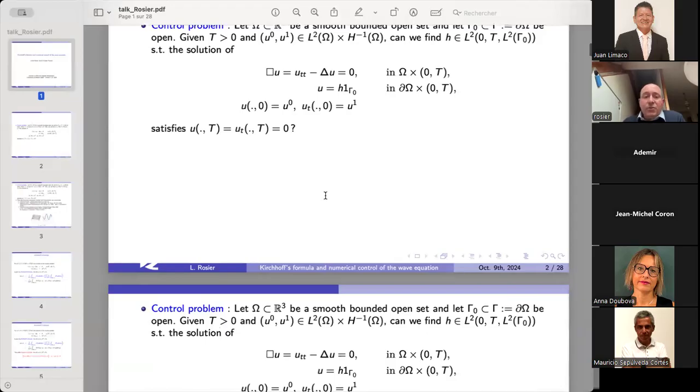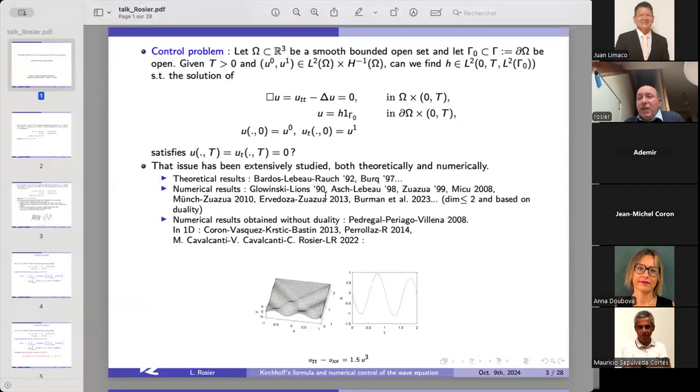Of course, this equation was investigated both theoretically and numerically. For theoretical results, you have the classical work by Bardos-Lebeau-Rauch in 1992, and some extension by Burq in 1997 for geometries that are not smooth.